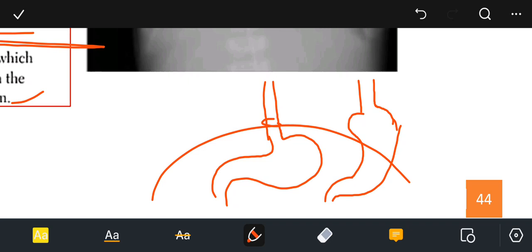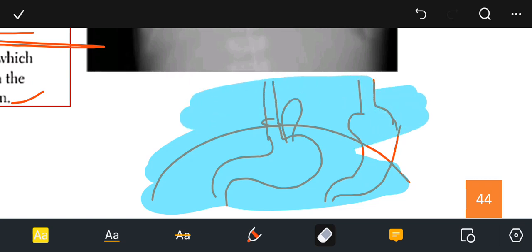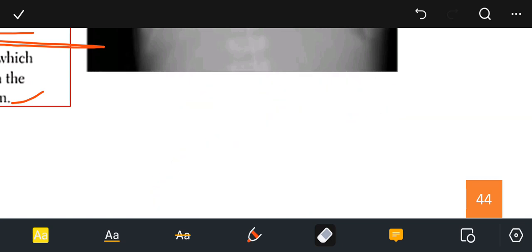Or in another situation, maybe the stomach has protruded out like this, which is called a paraesophageal hiatal hernia. In both these situations, the stomach is coming out of the physiological opening that is present for the traversing of the esophagus through the diaphragm, the esophageal hiatus of the diaphragm.